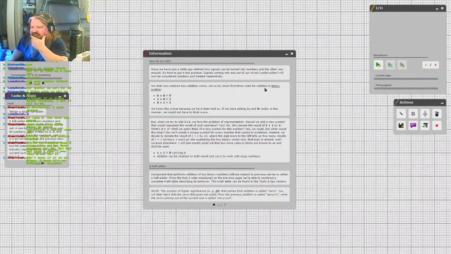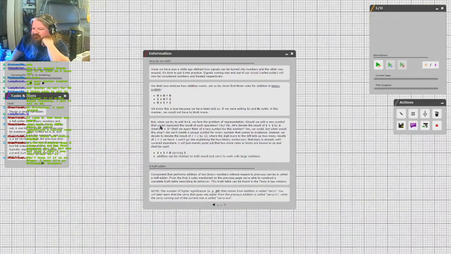Let us lay down first 3 rules of addition in binary systems. 0 plus 0 equals 0, 1 plus 0 equals 1, 0 plus 1 equals 1. We know this is true because we have been told so. If we're adding 1s and 0s solely in this manner, we would not have to think more. But when we try to add 1 plus 1, we face the problem of representation.